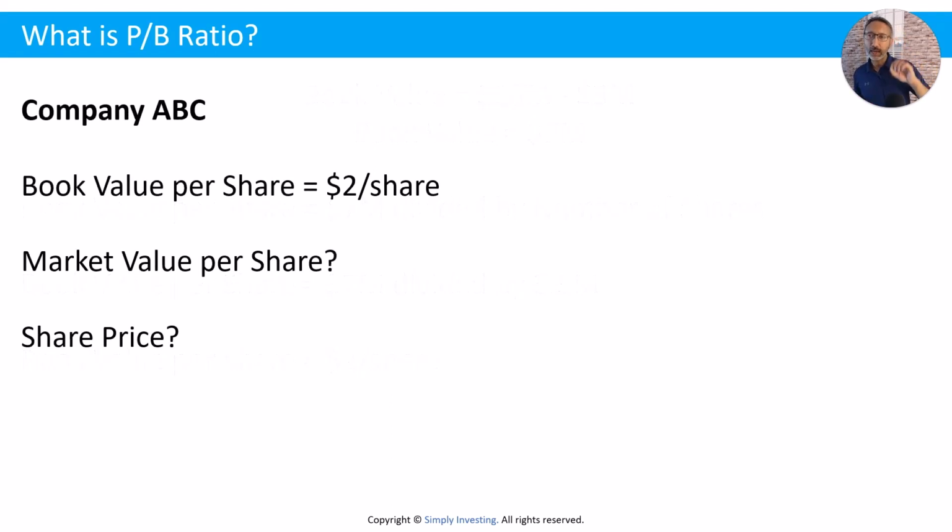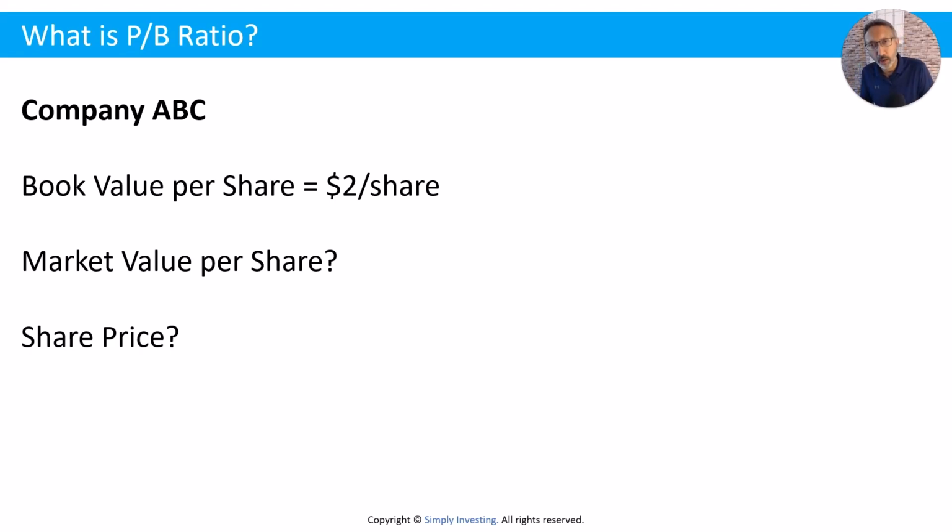So now what about market value per share, which is basically the share price or the stock price? It all means the same thing. Market value per share is going to be the same as the share price, is going to be the same as the stock price. Now, typically, like 99% of the time, the share price is going to be trading much higher than the book value per share, because there is other value that the company is bringing for sure, right?